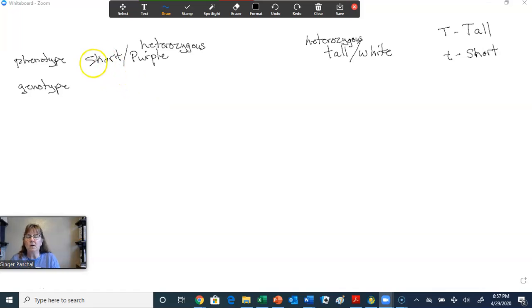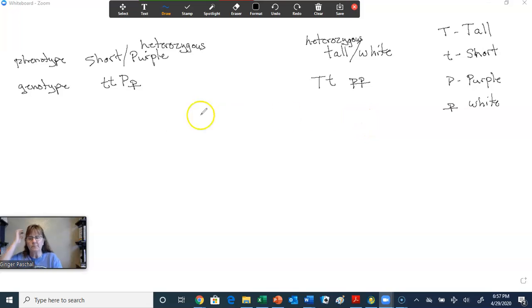So anytime we have short for pea plants, we know we have a lowercase t, lowercase t. Purple is dominant to white, so we have a capital P and a lowercase p. And again, we're using that P, so we need to make sure we underline our lowercase. So with tall, if we're heterozygous, we have a capital T and a lowercase t. And for white, white can only be found with two lowercase p's.